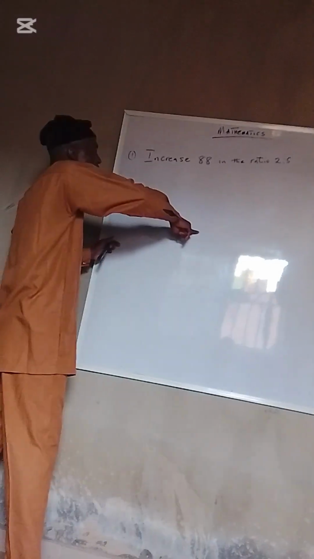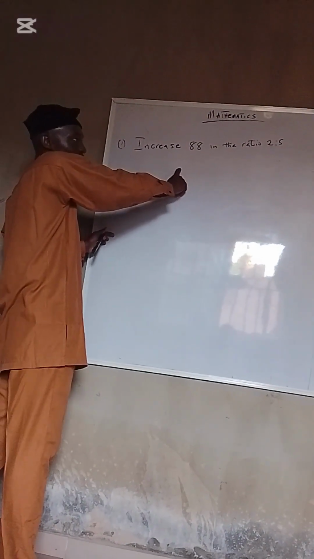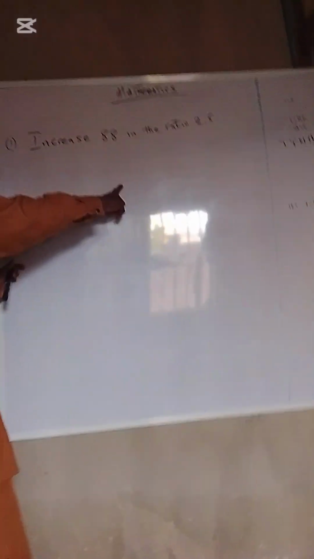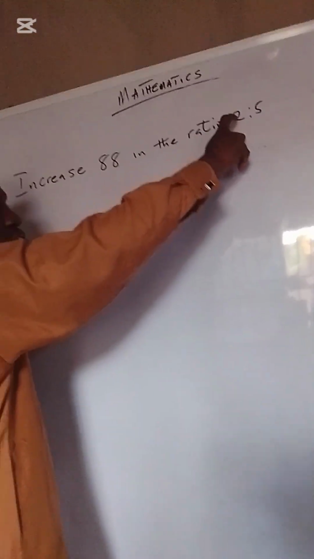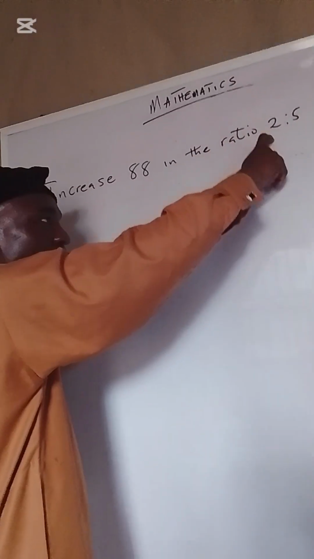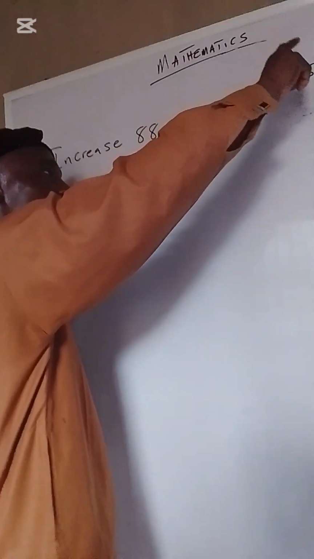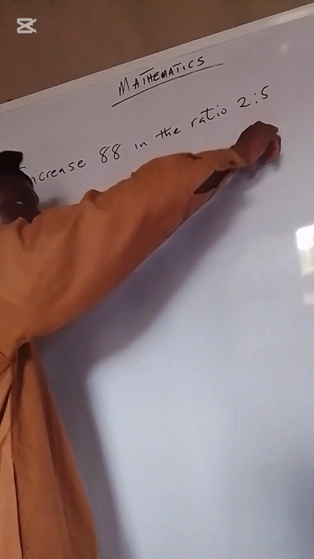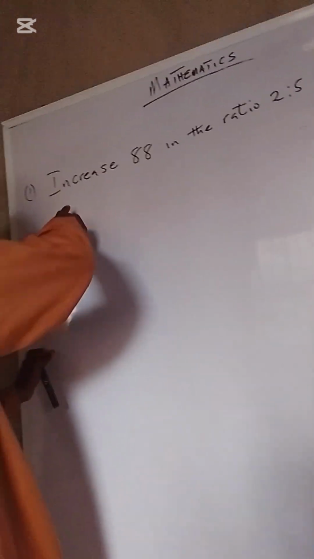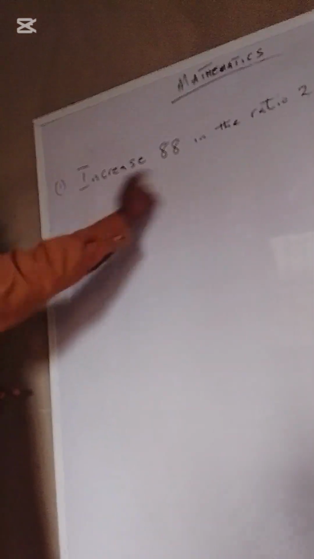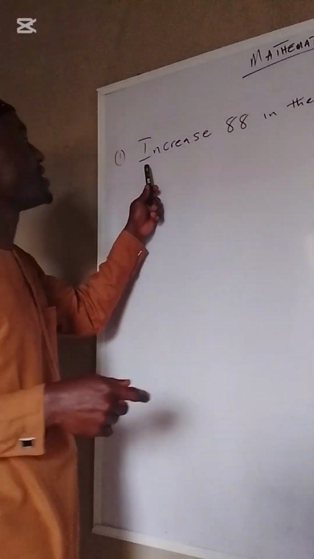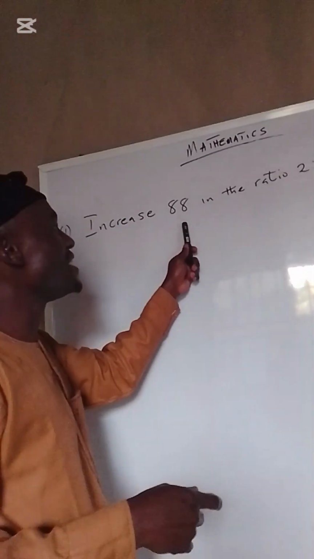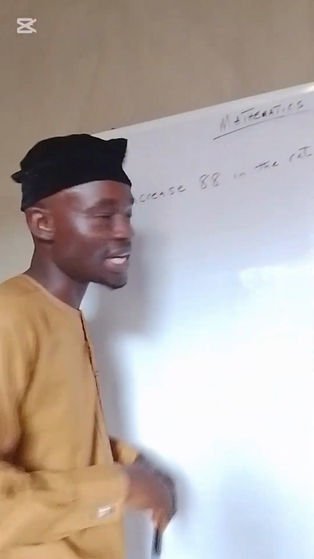But if the question is decrease, that means the smallest ratio is what you are going to use as your numerator, and you make use of the biggest ratio as your denominator. But this question is saying increase. We are still going to solve a question on decrease anyway. This question says increase 88 in the ratio 2:5.